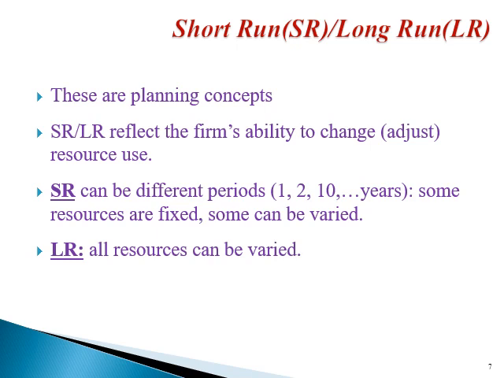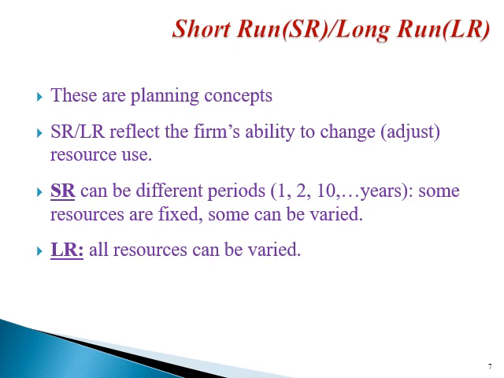Okay? Short run and long run, in production theory, reflect the ability of the firm to change and to adjust resource use. In the short run, there are some inputs whose amounts you cannot change. Why? Because you are out of time or out of money or out of both. So in the short run, to make the story simple, you have fixed inputs and variable inputs.